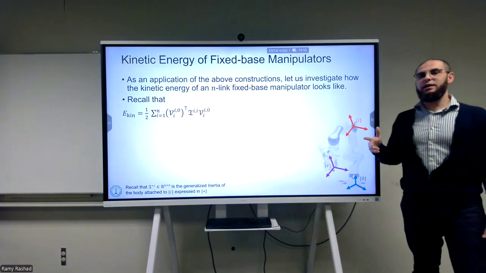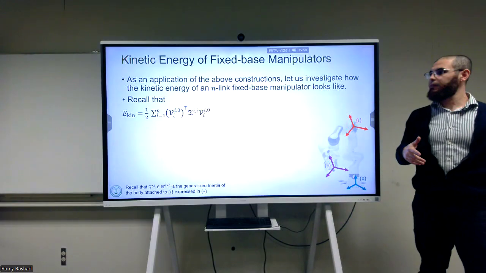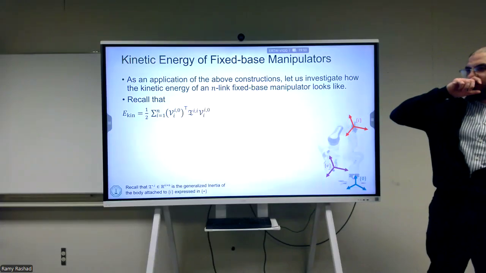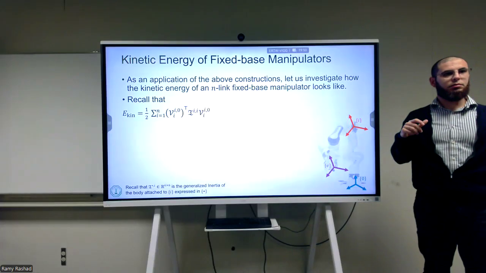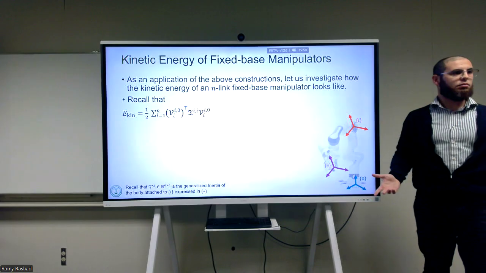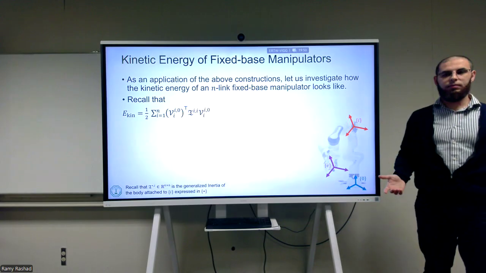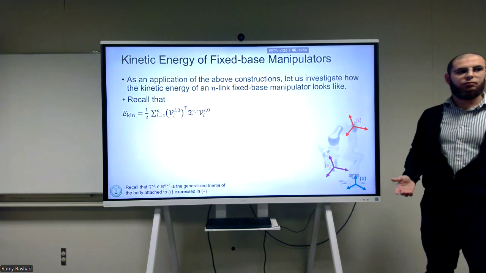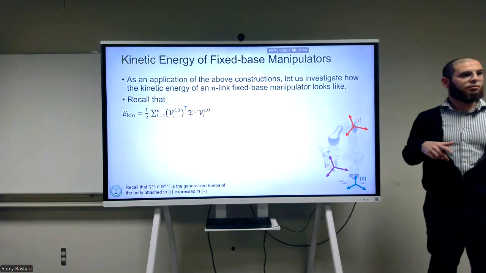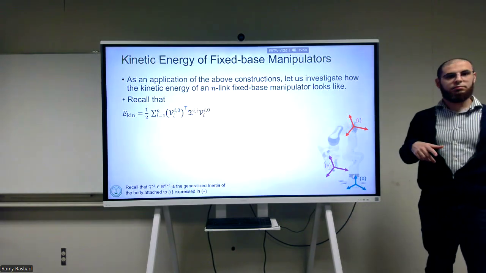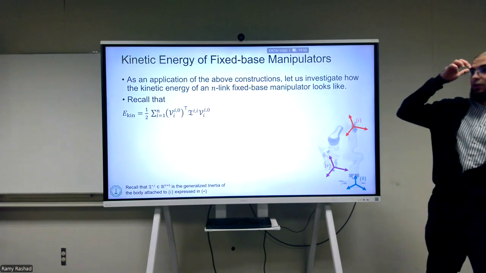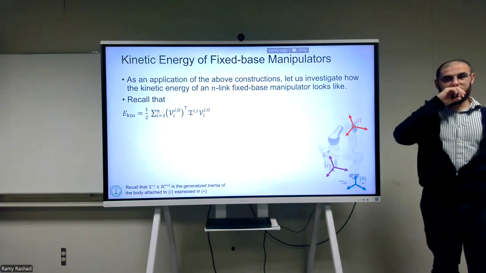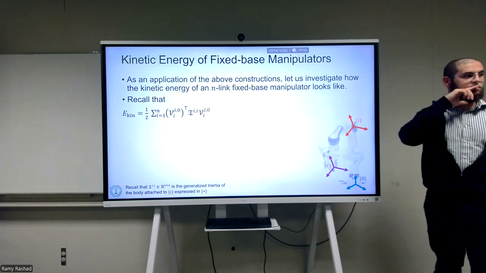So that's the first thing we want to do. Let me show you something very powerful of what we just did. You remember what this looks like? What does this represent on the board? What is this the kinetic energy of? Which rigid body?